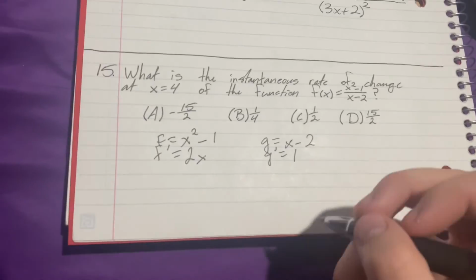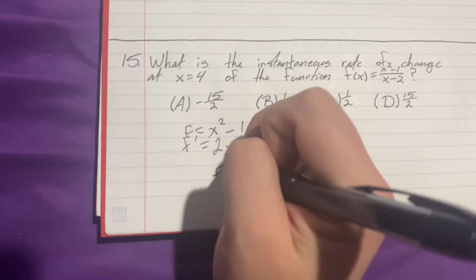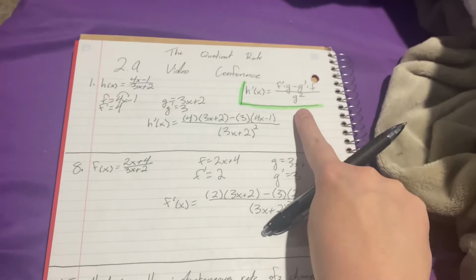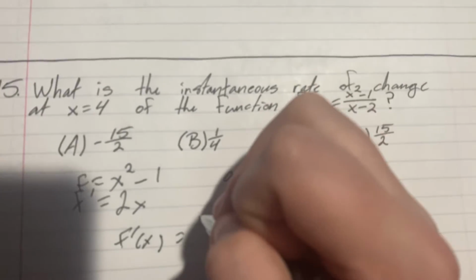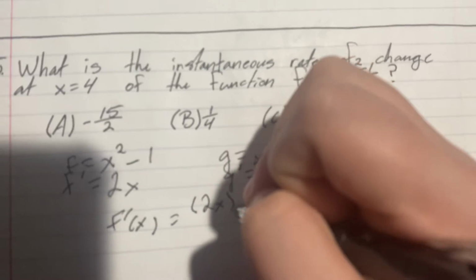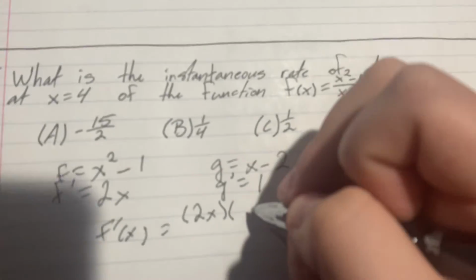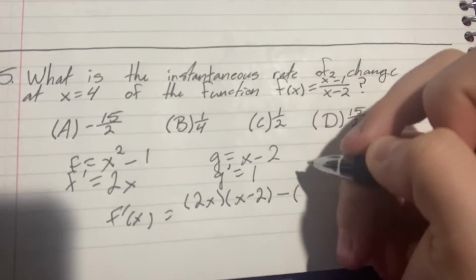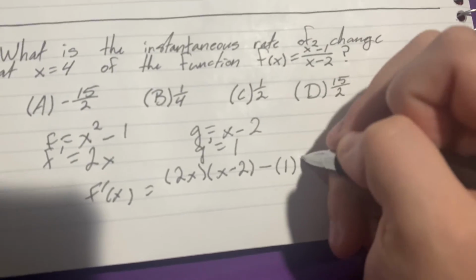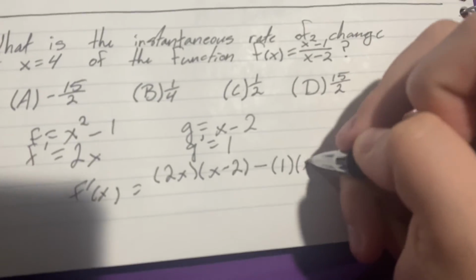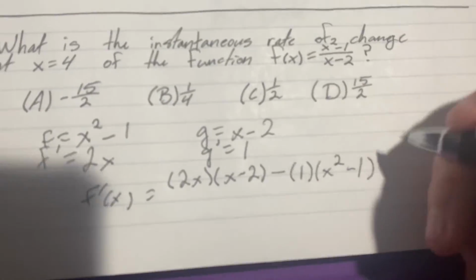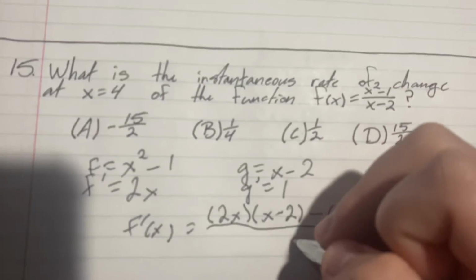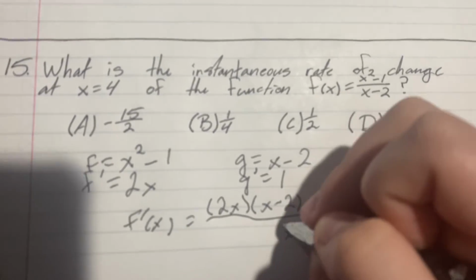So for setting up this equation, you're going to do f derivative x is equal to, and then plug in all the numbers. So derivative f is 2x, then times that by g, which is x minus 2, minus g, derivative of g, which is 1, and then multiply that by f, which is x squared minus 1, all over g squared, so x minus 2 squared.